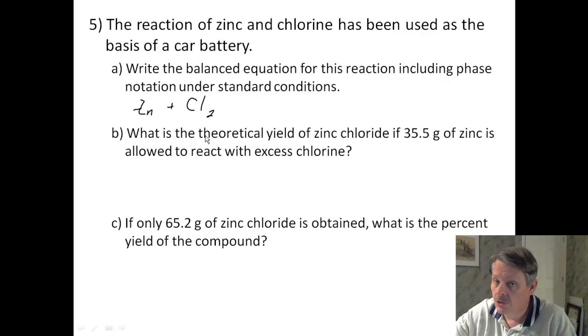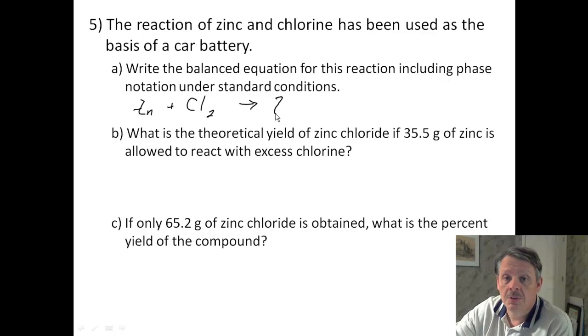That sure looks like a direct combination reaction because the only things you have are 2 elements. So that's going to be ZnCl2. Now, zinc is a solid at room temperature. It's a metal. And chlorine is a gas at room temperature. You know that. And then zinc chloride, you can look it up on your solubility table, but it is going to be aqueous.